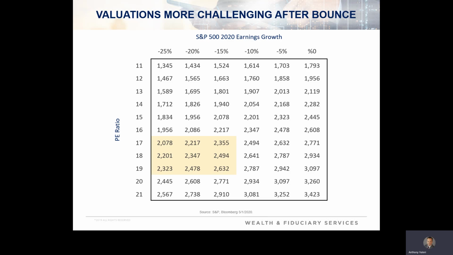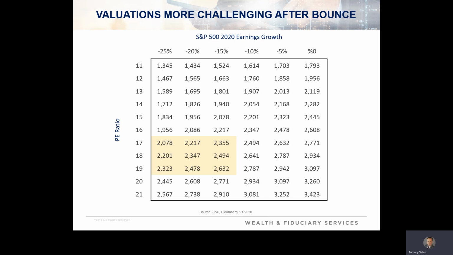And another way to look at that is to use those profit numbers and a simple PE ratio to gauge what is fair value for the S&P 500. On the top part of this table, if you assume that earnings are going to drop 5, 10, 15, 20, or 25%, what is the right price for the index for a given PE ratio?